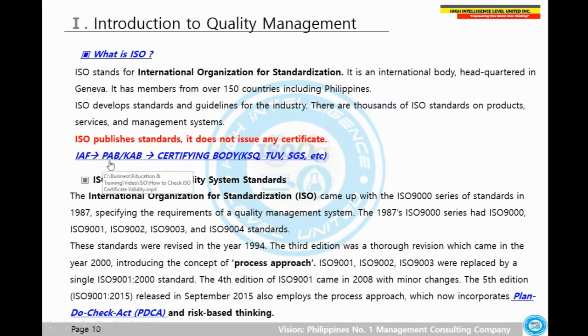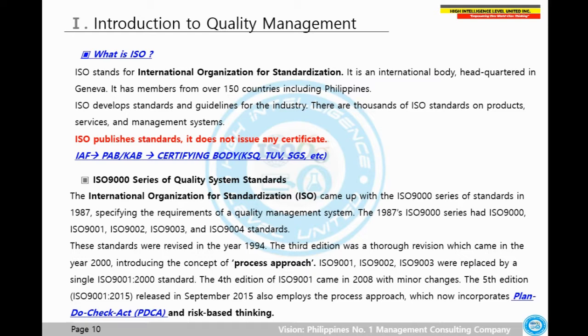In the Philippines, PAB. In Korea, KAB, like that. They are members of IAF. And under the local accreditation body, there are certifying bodies, or certification bodies, which are the same thing. The certifying body is the one that issues the certificate.